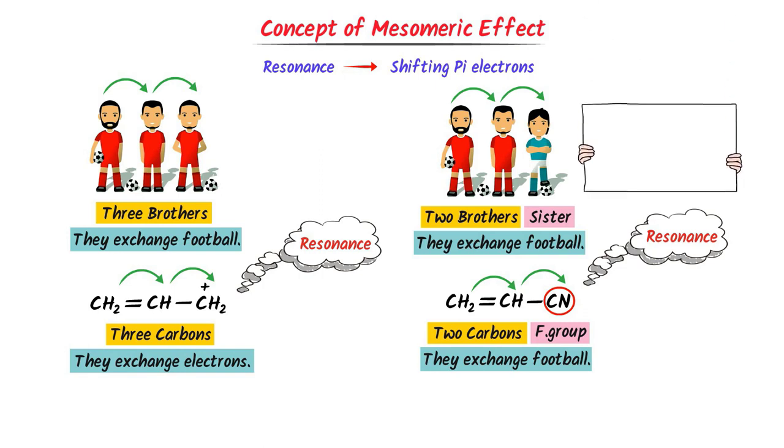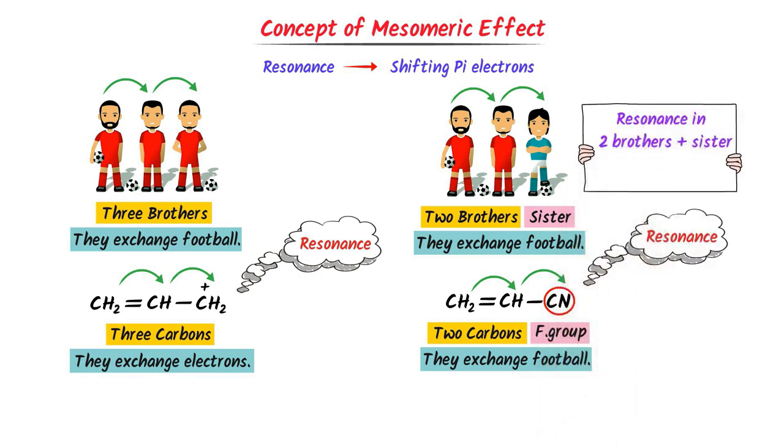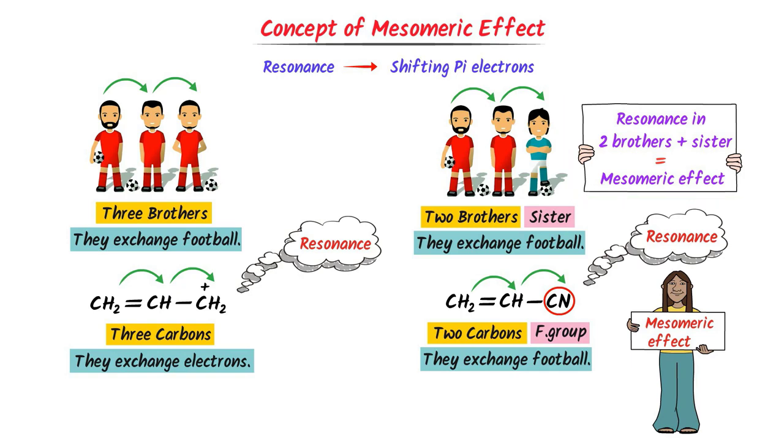Now listen carefully. If resonance occur in two brothers and sister, it is also known as mesomeric effect. Let me repeat it. If resonance occur in two brothers and sister, it is also known as mesomeric effect. So this resonance is also known as mesomeric effect.